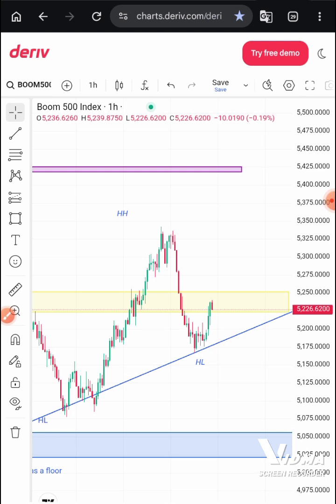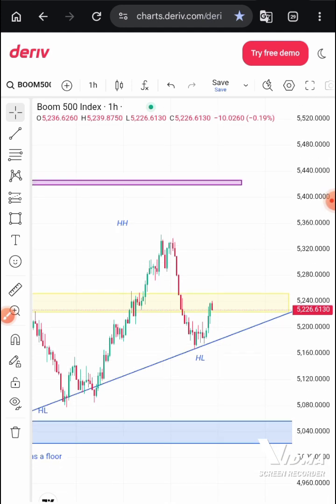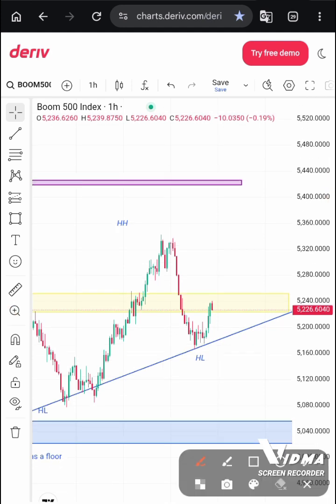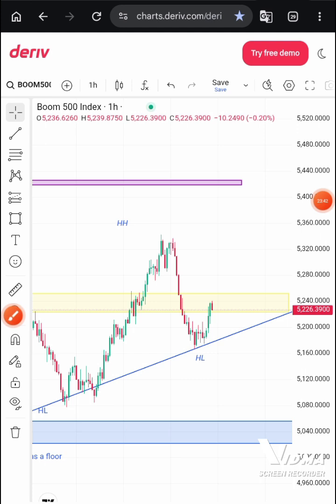Okay. Then if price closes below the flip zone, giving a confirmation that it is going down, we will probably take the trade all the way to, first of all, the trend line. So first we will take the trade to here. Let me just show you.